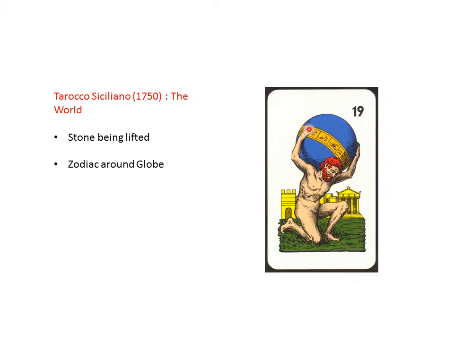The next one we have is that of the Tarocco Siciliano of the world, which is in the 1750s. Now we still show the stone that's being lifted, and we also have now a zodiac around the globe. This is one of the first representations of the zodiac itself.